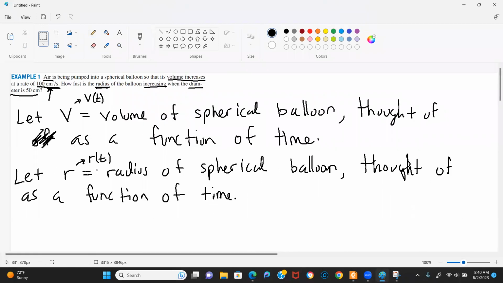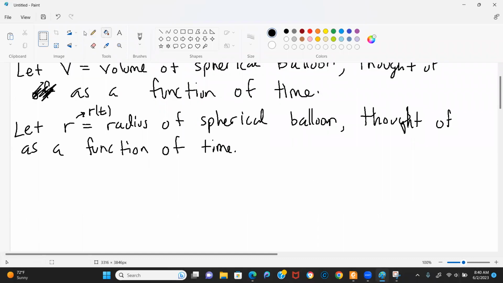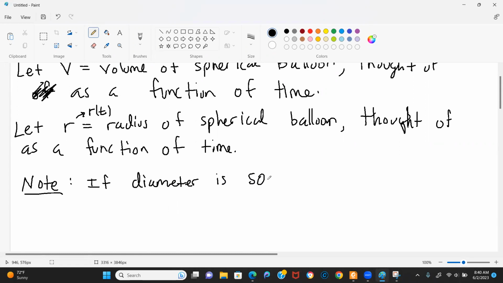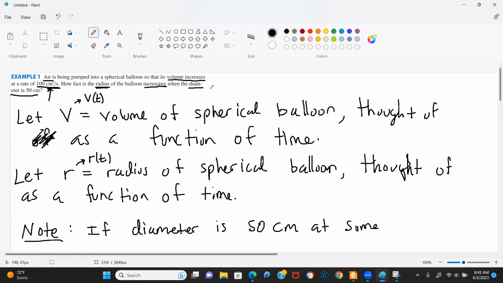So now, let's note, if the diameter is 50 centimeters at some point in time. And notice it doesn't say what point in time it is. It's just saying that at some point when the diameter is 50 centimeters, we want to know how fast the radius is changing.